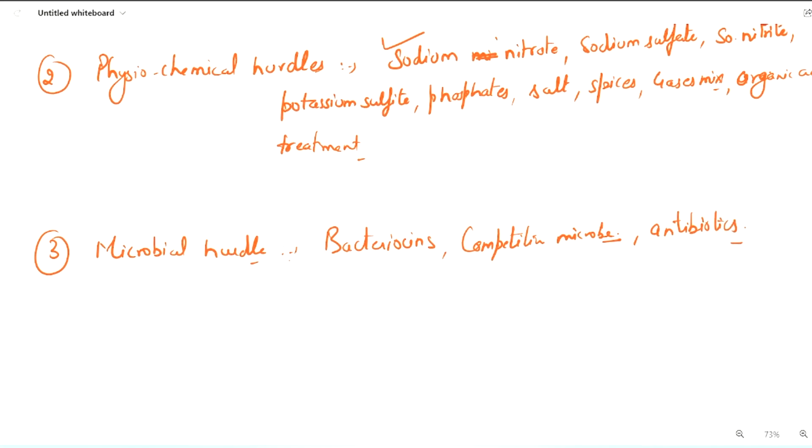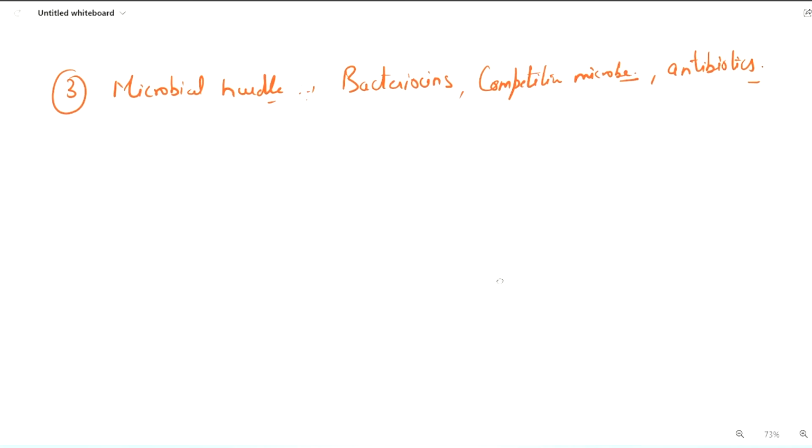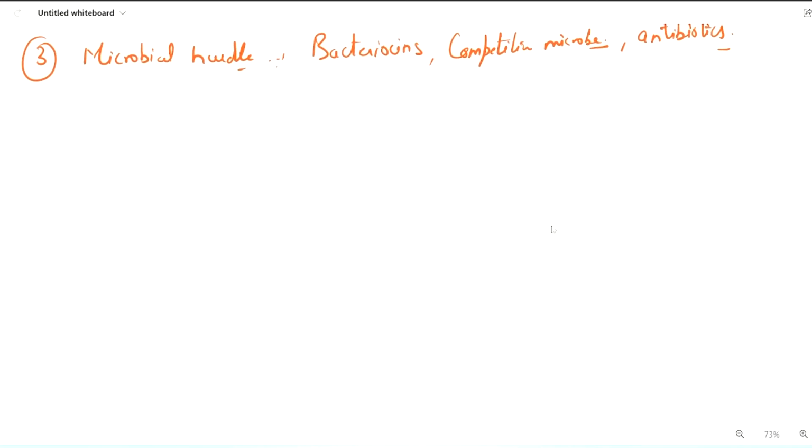So these are the major types of hurdles used in the food industry to kill the pathogenic microbes or to make them weak so they cannot grow on the food materials.